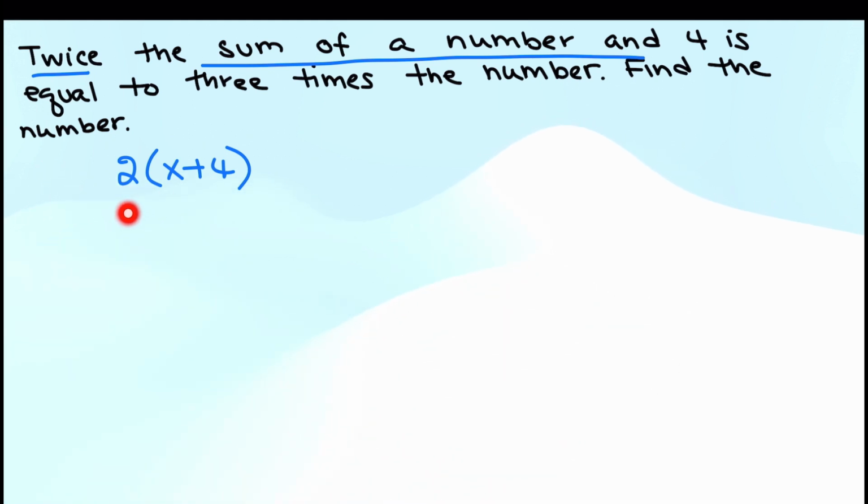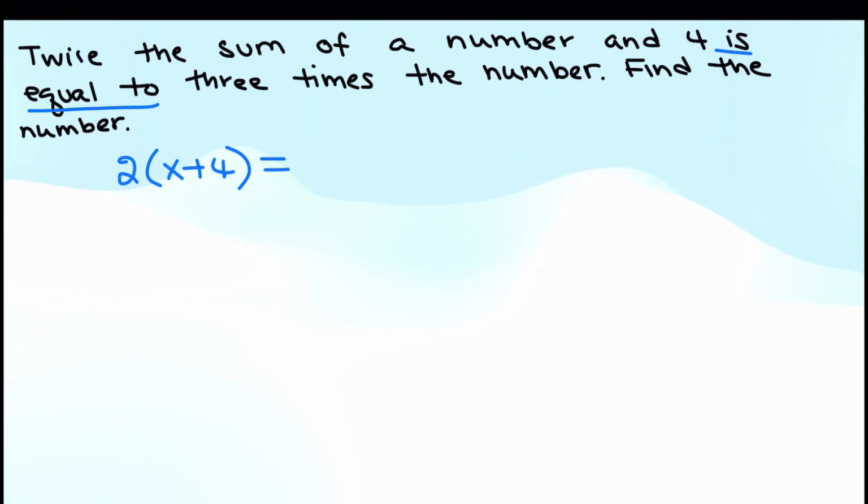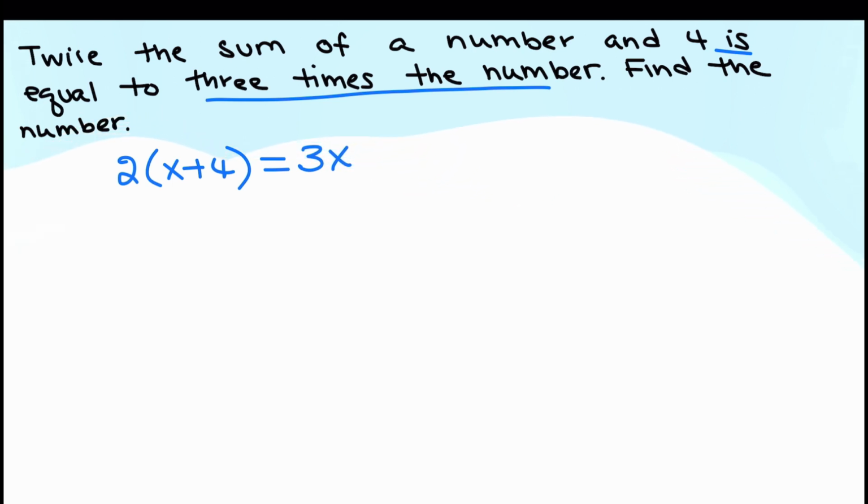So I'll write that as 2 parenthesis x plus 4. Then the problem says is equal to, that's my equal sign, 3 times the number. 3 times the number would be 3x. And so there's my equation. Twice the sum of a number and 4 is 3 times the number.